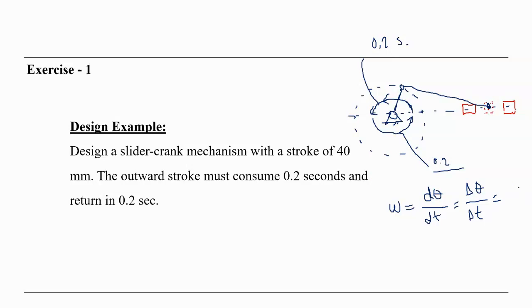This is 2 pi for a full rotation over 0.4, in radian per second. So that means we can also select an electric motor accordingly, with gear, for example. So we know the angular speed.